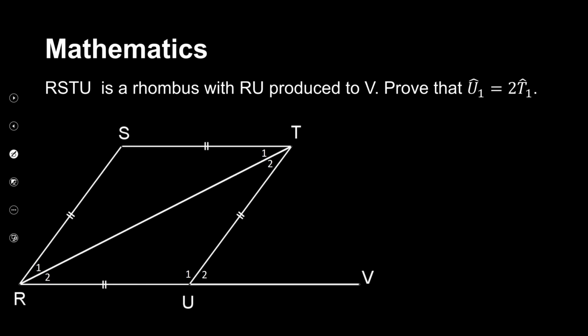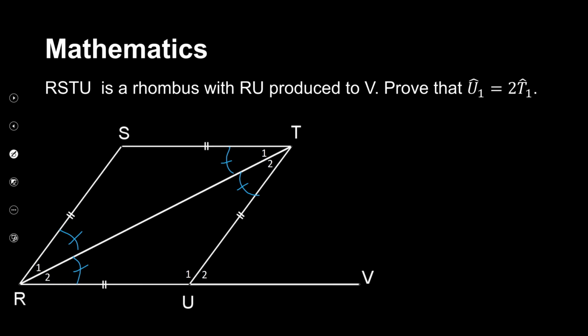I'm stopping there. I don't even want to continue. So what do I know? I know that this angle here will be equal to that angle there, because it's a diagonal, which will be equal to that angle, which will be equal to that angle.